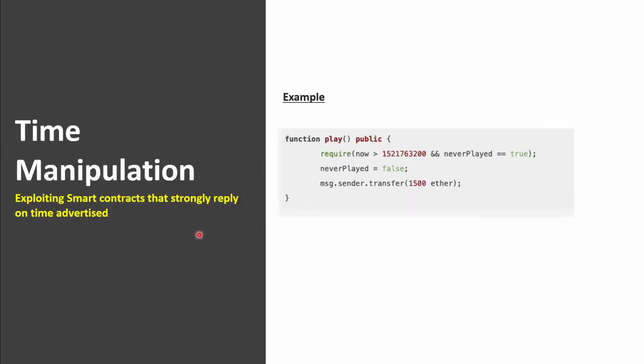Very often, smart contracts rely on time and timing of when to start and when to start paying. Things like coin offerings are very often based on a particular date and time for the payments to begin or for the tokens to be issued. It is possible to manipulate and exploit that time.